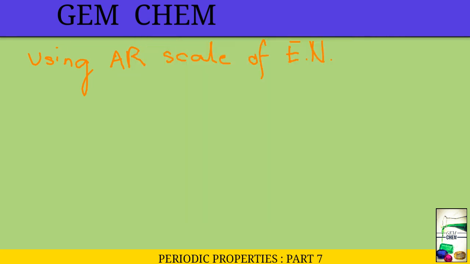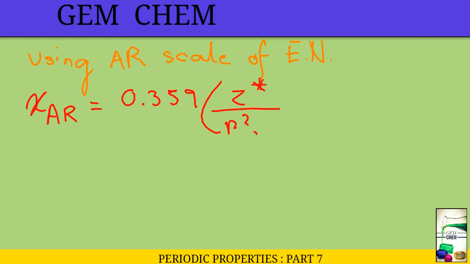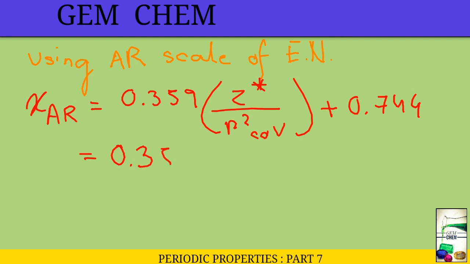What we obtain? Chi AR equals 0.359 Z star by R square cov plus 0.744. Now see one thing, we have been given the diameter, right? Because the bond distance is the diameter, so half of the bond distance will be taken.